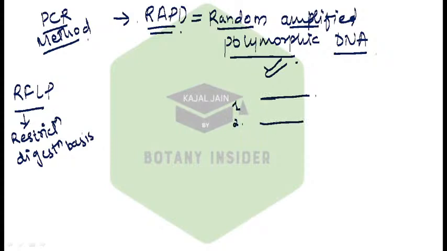In two individuals or two different species, the DNA sequences are going to differ. This is known as polymorphic DNA. And it is saying that it is randomly amplified DNA. So what we are doing is that we first have DNA sequences of two organisms.